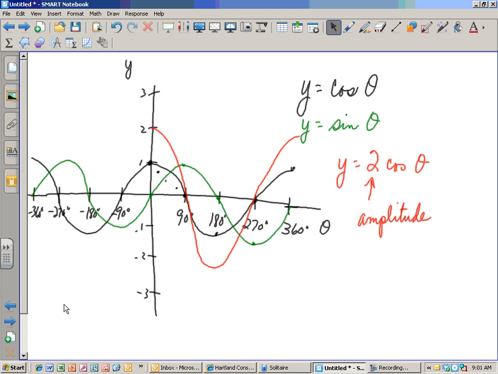Now, that first point on your x-axis, instead of being 90 degrees, it's pi over 2. Instead of 180, instead of this first point here being 180, it is pi, because now we're in radians. Then 270 is 3 pi over 2, and then 2 pi. And so the period there would be 2 pi.